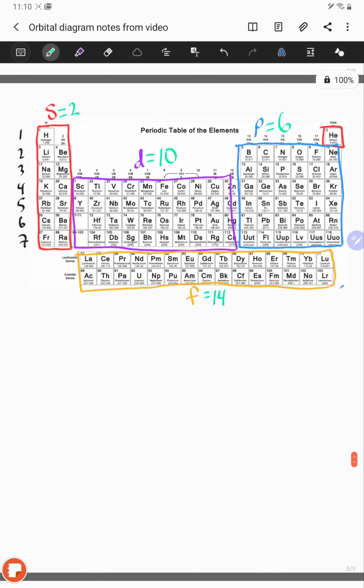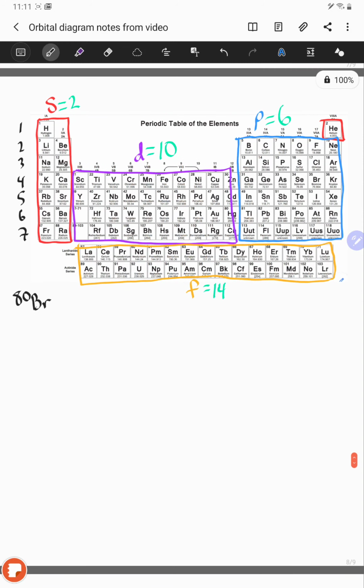But we said we're going to do the example bromine 80. And this is going to help reaffirm why the d orbital has to shift energy levels so that we don't end up with more than 8 valence electrons in the outermost shell. Whenever we're doing orbital diagrams for anything here or over or down, it's going to be easiest to draw the orbital diagram first.